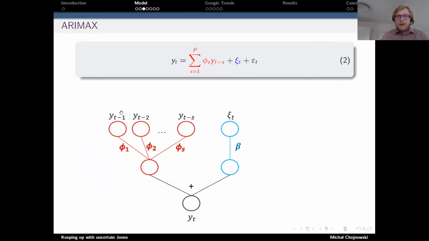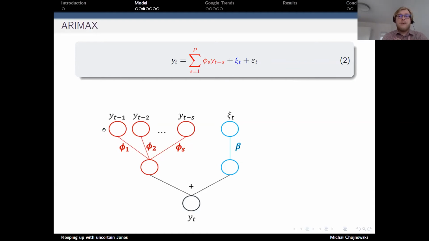So to present how it looks, for the ARMAs it looks very simple. In red, I put the linear component of the model. Artificial neural networks allow us to use linear activation functions.